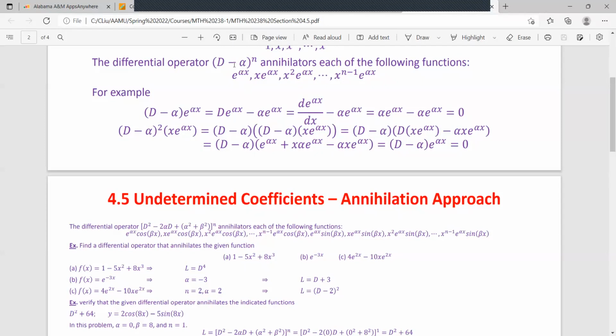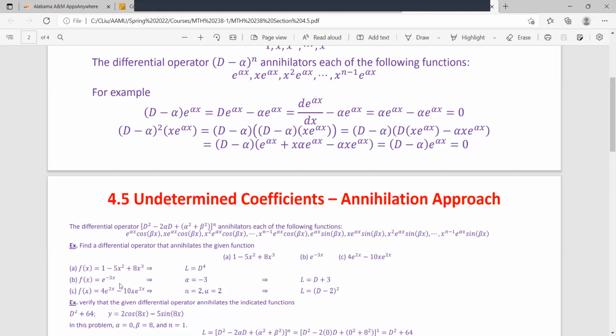That means if we apply the operator d minus negative 3 to the first power, it will annihilate e to the negative 3x. So d minus negative 3 is just d plus 3. So the operator we find is just d plus 3. That will annihilate e to the negative 3x, right?